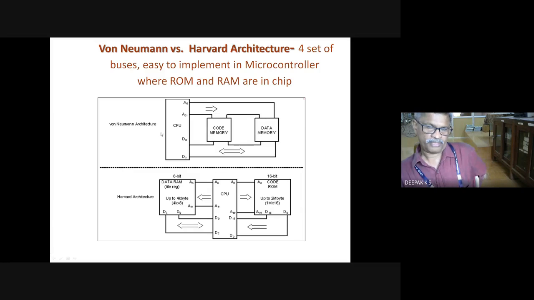So normally this is the case in our PIC18 family, because all memory is within the chip. You can afford to have 4 sets of buses, 1 set of address for the code, 1 set of address for the data, 1 set of data bus for the code, and 1 set of data bus for the data.